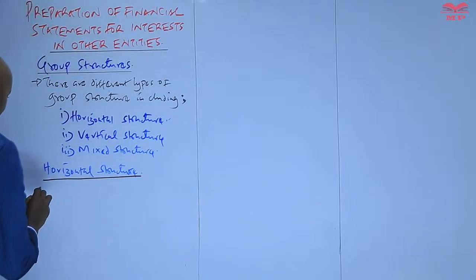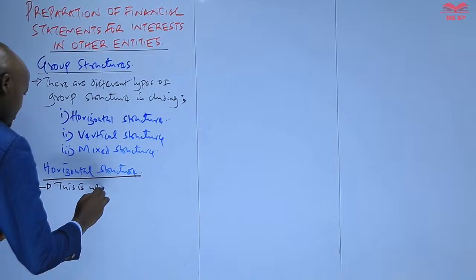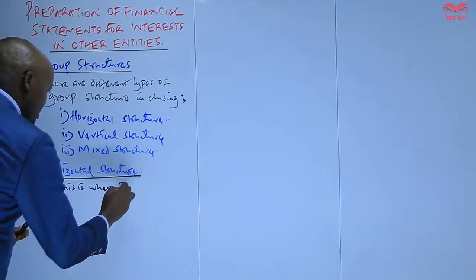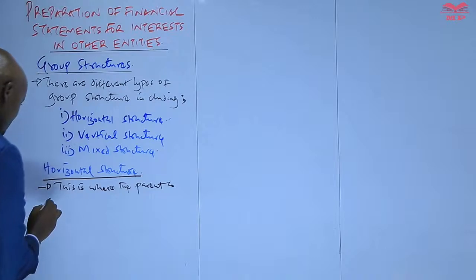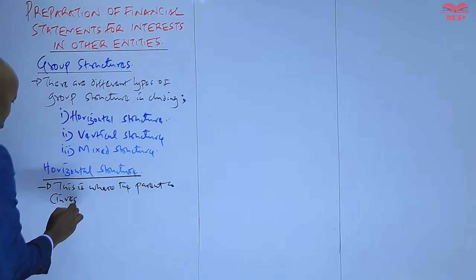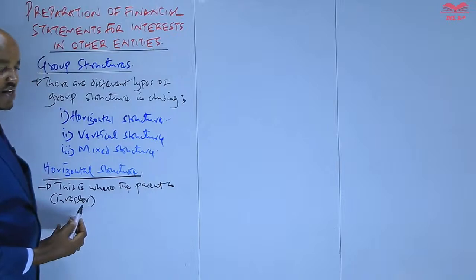So therefore, you can say that this is where the parent company has a direct shareholding in two or more subsidiaries. Remember also the parent company here is called the investor, because it has invested in other entities.